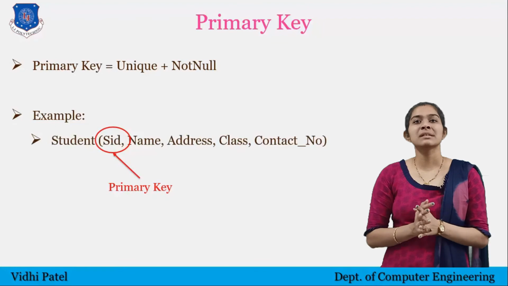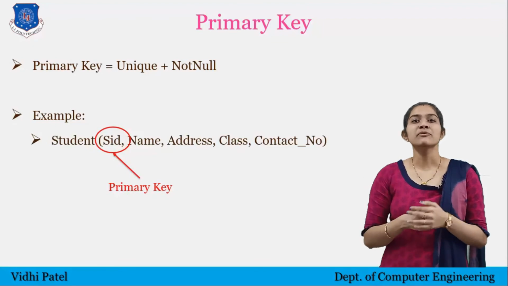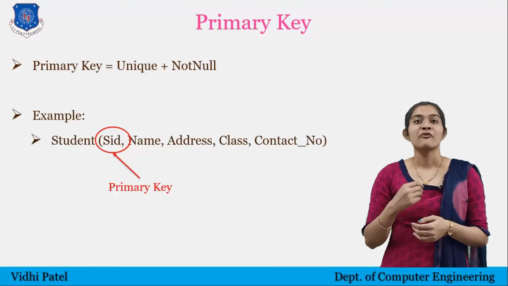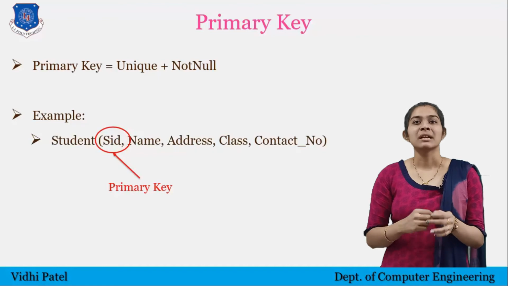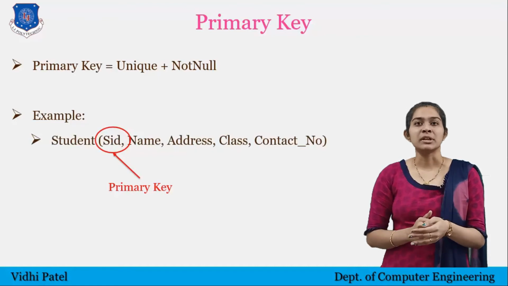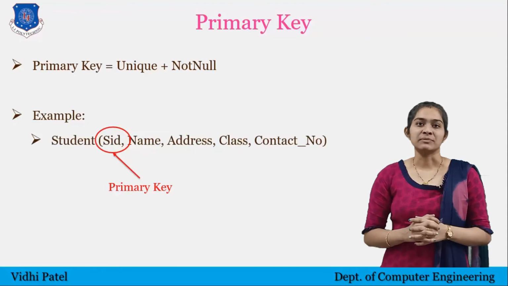So, every student has a student ID and it cannot be duplicated. It is not possible for a student to not have a student ID in the student relation. Whenever a student gets admission, at the time of admission, a student ID is allocated to the student and that student ID is unique in the student relation.